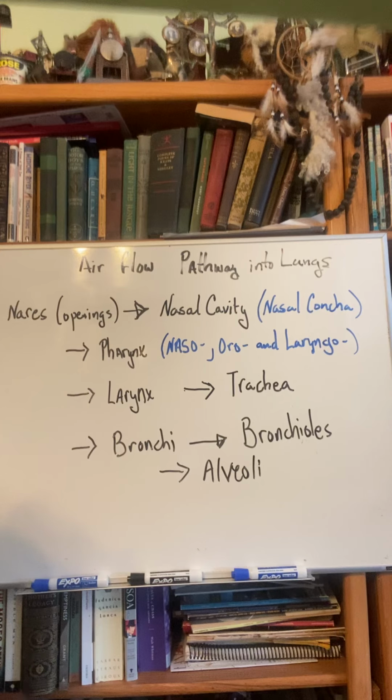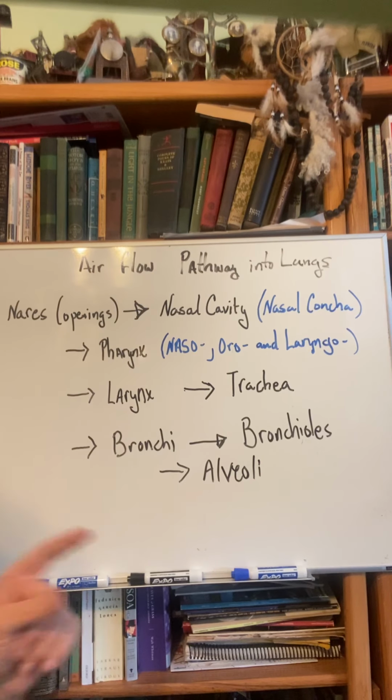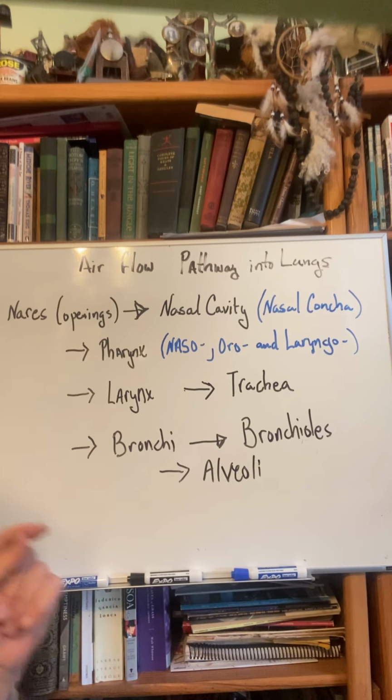At the back of the nasal cavity, you have an opening into a common tube that is behind the nasal cavity, behind the mouth, the oral cavity, and in front of a structure called the larynx. And this is a pathway that is shared with the digestive system, and it is called the pharynx.